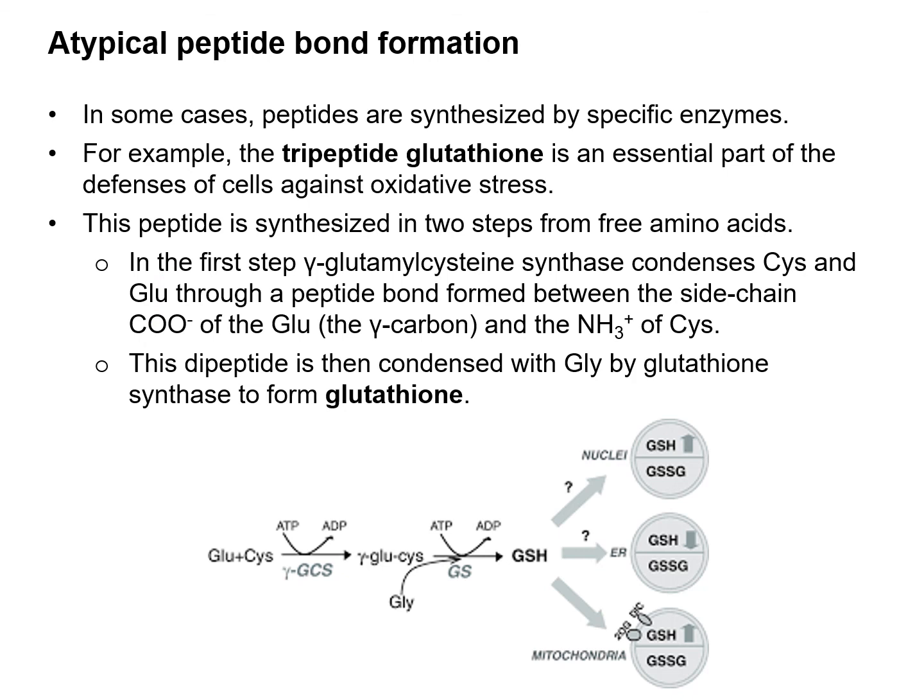First step is that the gamma-glutamyl-cysteine synthetase condenses the cysteine and glutamate through a peptide bond. And then by this glutathione synthetase, the glycine is attached to that molecule to form this tripeptide glutathione. And it can be transported to the other regions for acting, again, as a cell defense.